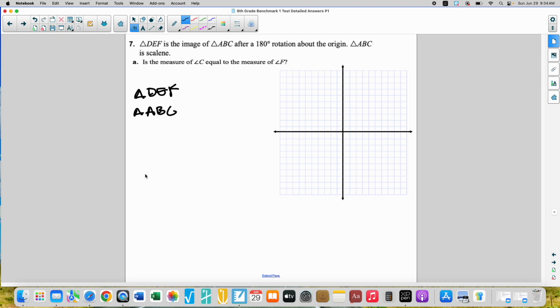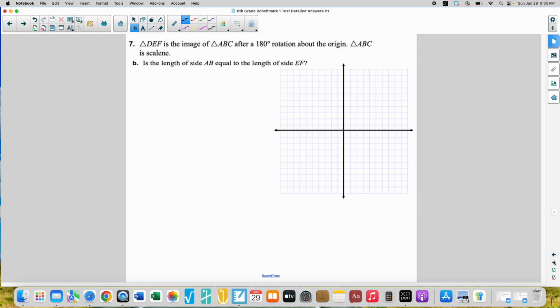And similar, we use this sign. It's a little squiggly for similar. So D corresponds with A, E corresponds with B, F corresponds with C. So C and F, yes, they are still congruent. That is a rule, an understanding of similar triangles.